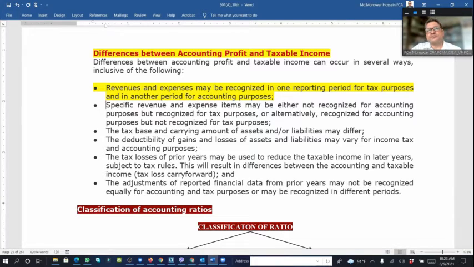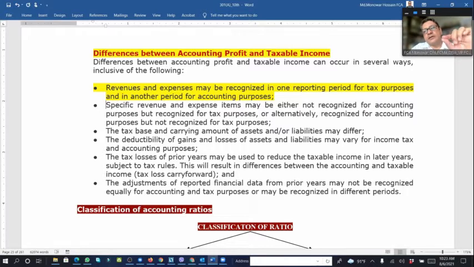Also, we are using the straight line method. For example, 10% depreciation, full life 10 years: 10%, 10%, 10%. But the tax authority calculates in a different way. What is that way? They are calculating using the diminishing balance method. For example, if this year we use 10% on 100 taka, the remaining is 90 taka.